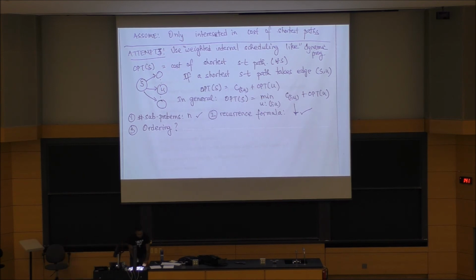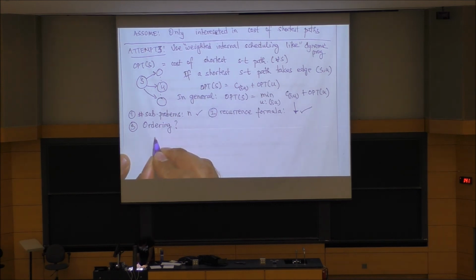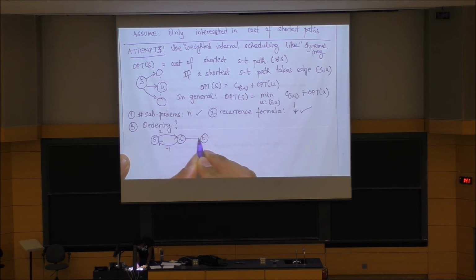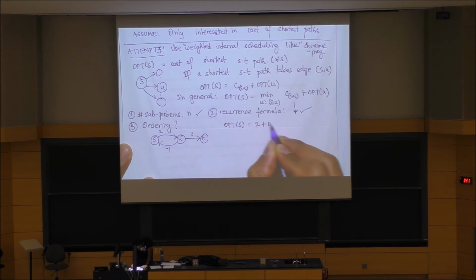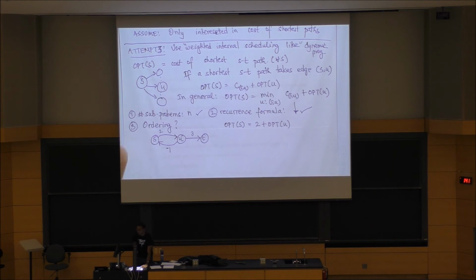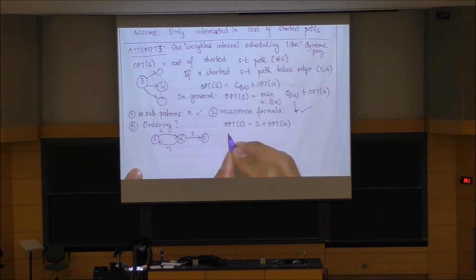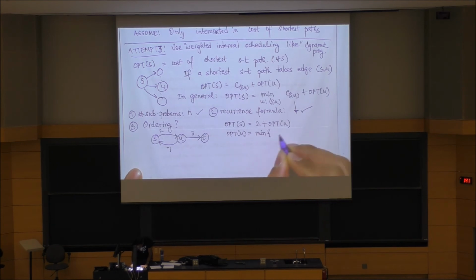So here's one simple graph on 3 vertices. An edge from S to U of cost 2, U to S of cost minus 1, and an edge from U to T of cost 3. So in this case, opt of S is 2 plus opt of U. This is correct, this is fine. If you look at opt of U, it's the minimum of 2 choices.